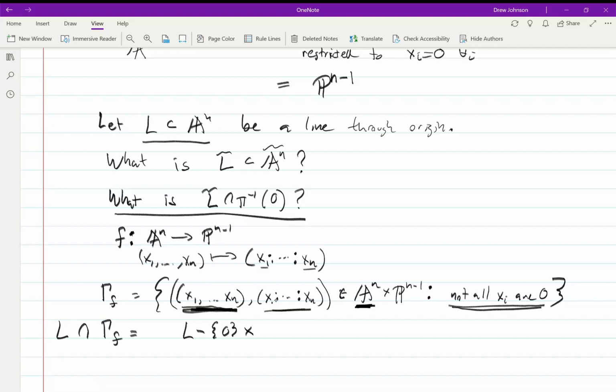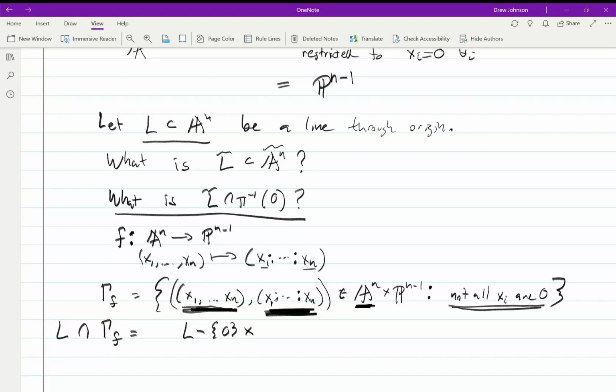Then what do you get on the projective side? The interesting thing that happens here is that if all these points lie on the same line, then this here will represent the same point of projective space. You can think of projective space as parametrizing lines in A^n.